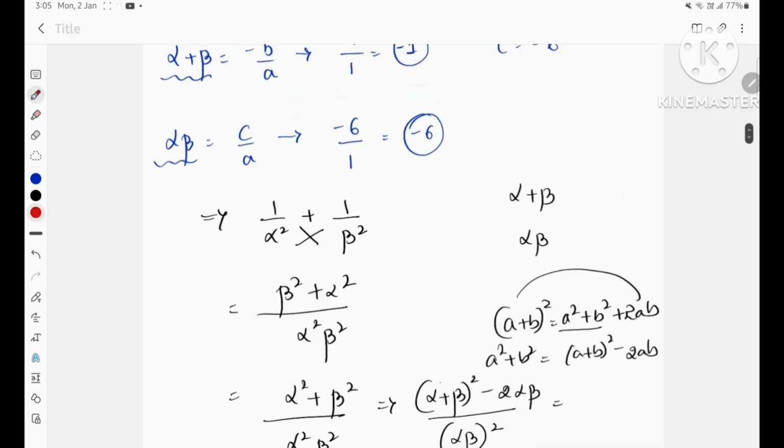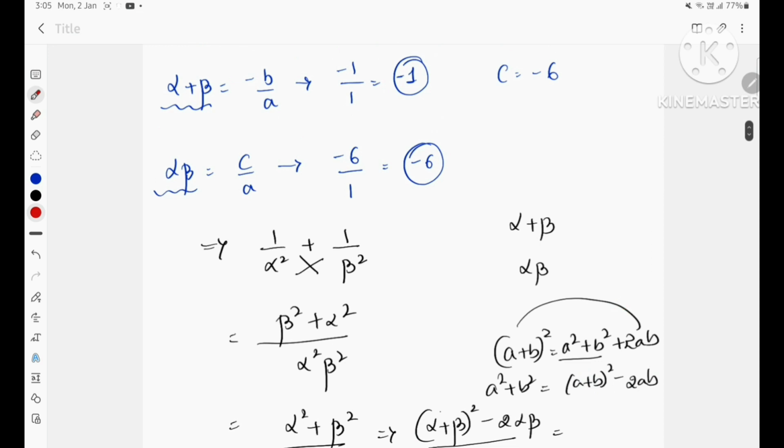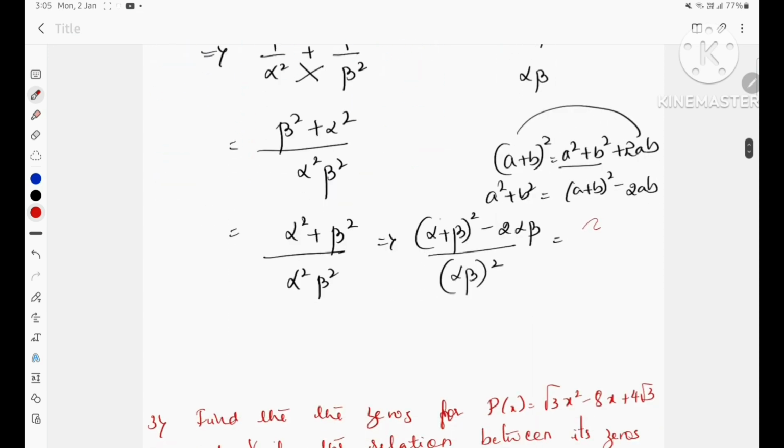Sum is minus 1, product is minus 6. These two can be substituted in the expression: alpha plus beta is minus 1, alpha into beta is minus 6.